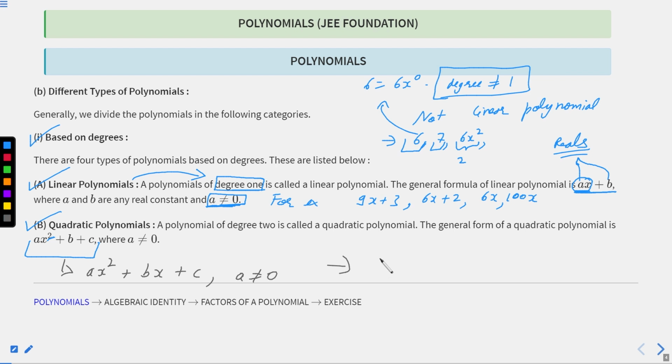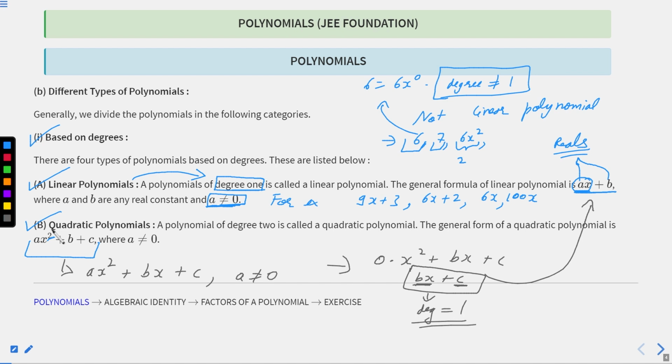Then it is 0 times x square plus bx plus c, that is bx plus c. This is of the form ax plus b, a number multiplied with x plus some constant. So this is of linear form, because the degree equals 1.